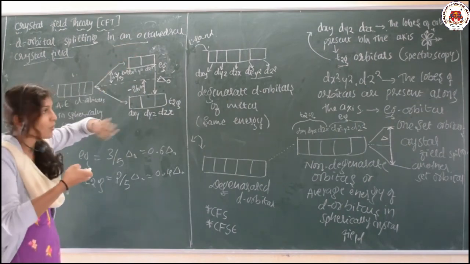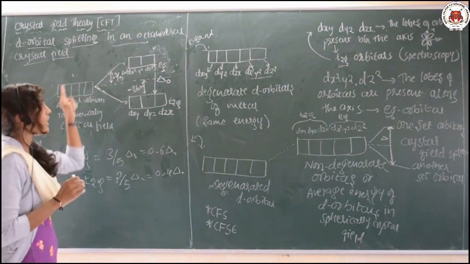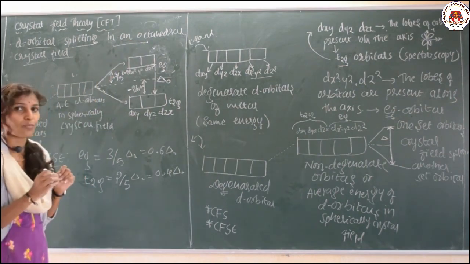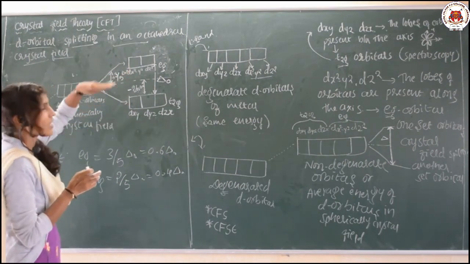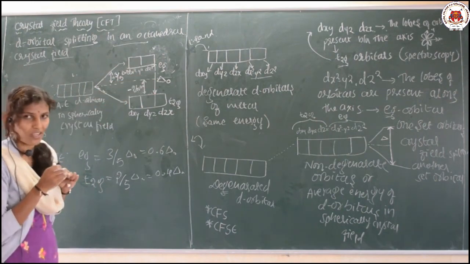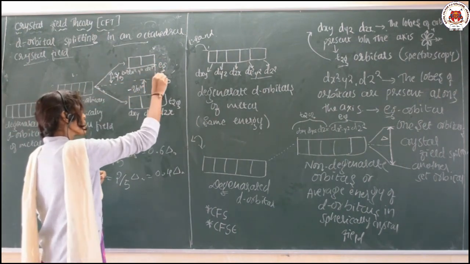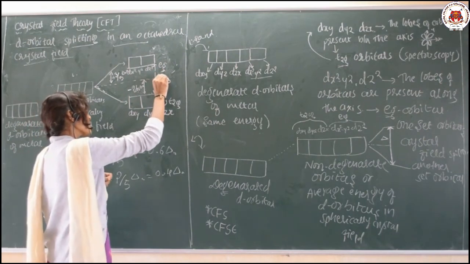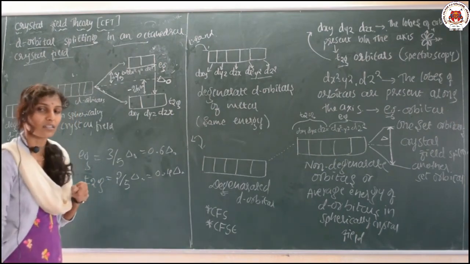You can ask me why t2g is not upside. This is the reason: the ligand in case of the octahedral crystal field approaches along the axis, so the eg level is raised up, while t2g is in between the axes, that is downside. And this is nothing but the crystal field splitting energy, indicated by delta, and this O indicates it is octahedral crystal field.